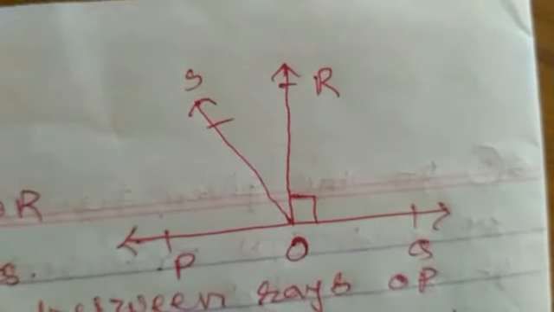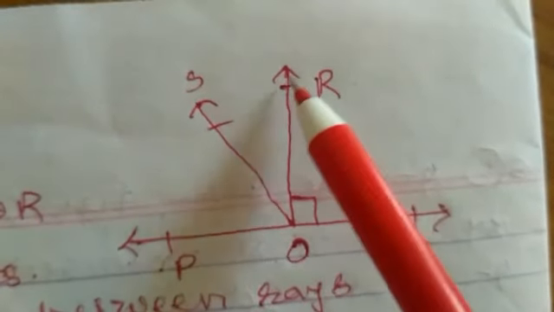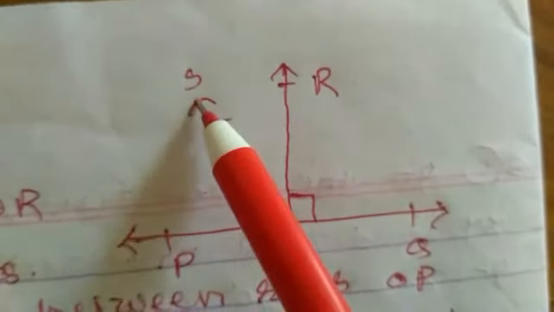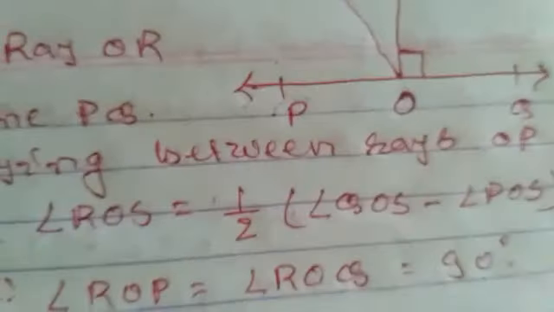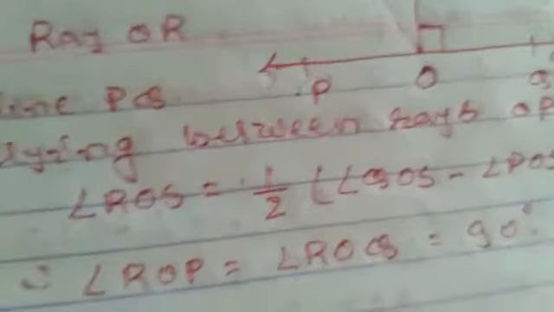Then we need to prove that angle ROS is equal to half of angle QOS minus angle POS. This is the result which we need to prove. Let's see.